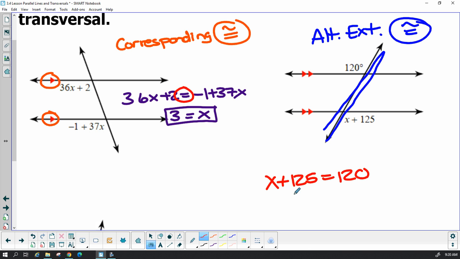And this is a bit of a quick solve. We subtract 25 on both sides and get x to be -5. It's okay that it's negative. We're not saying that the angle is -5. We're saying x is -5. And we can check our answer by plugging -5 in for x. And we can see that that simplifies to be 120, which is the same as that one, which is what we wanted it to be.